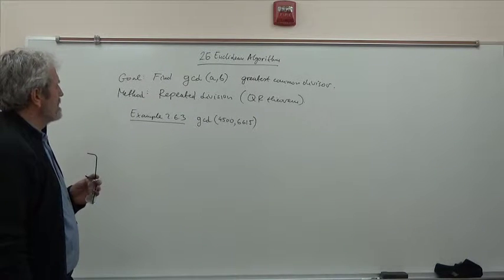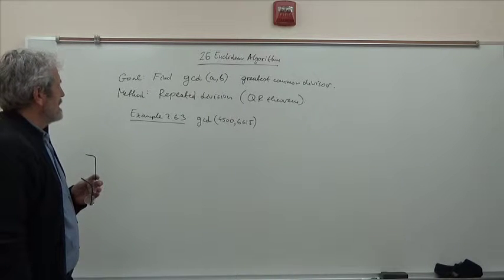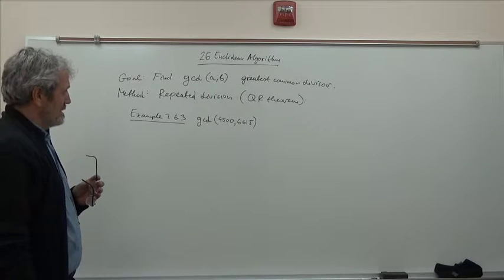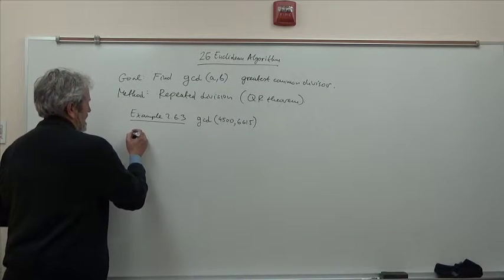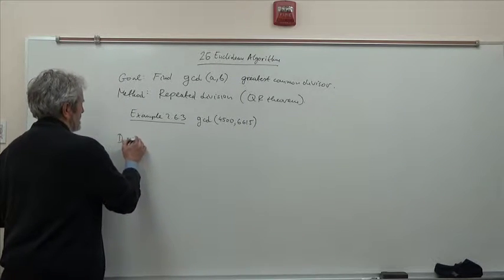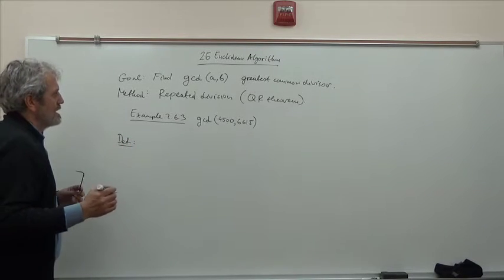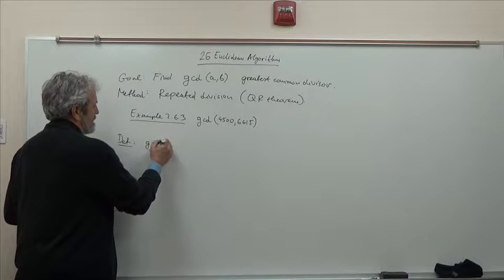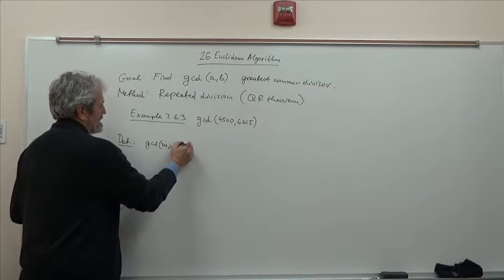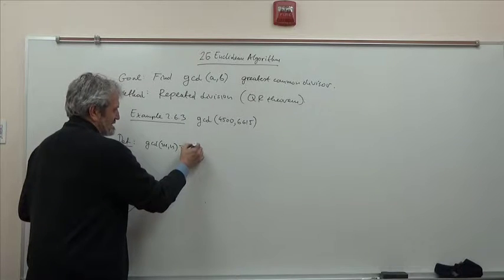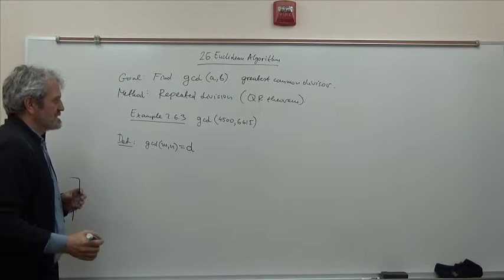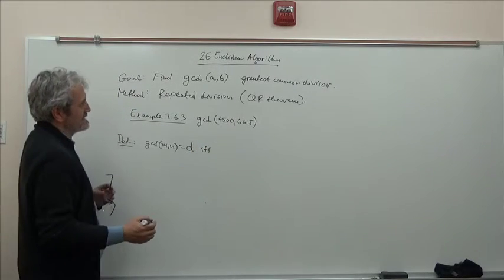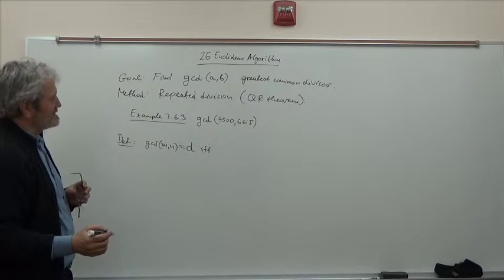First, in order to understand the question, we need to understand what the GCD means. So here's the definition, and then we'll go back to the example. GCD of two numbers m and n is such a number, let me call it D, such that, if and only if, as the name says, it's a common divisor.